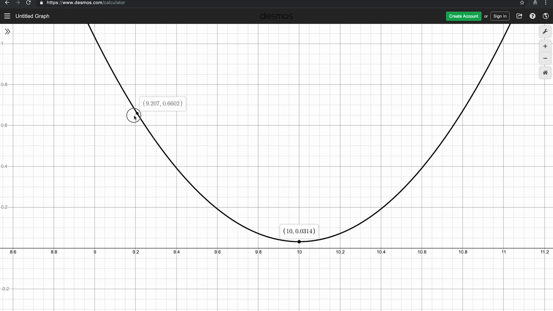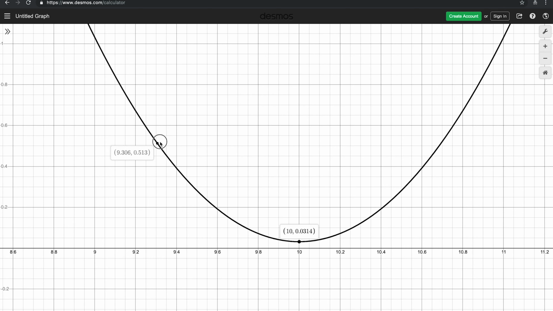So in this particular case, if we're on this side, then we know that the m value has to be increased, because the minimum point is at m equals 10. If we're here, the error is high, and the m value is less than what it should actually be. So what do we want to do? We want to increase the m value.